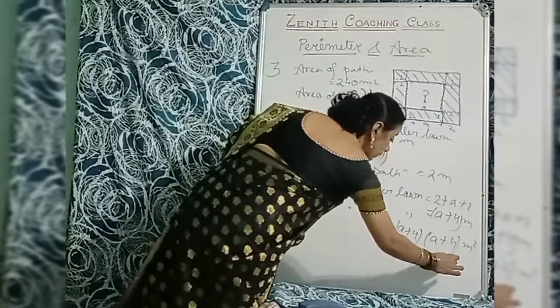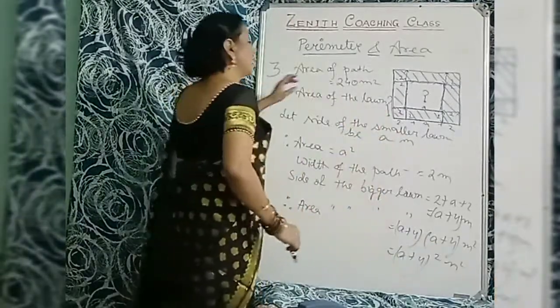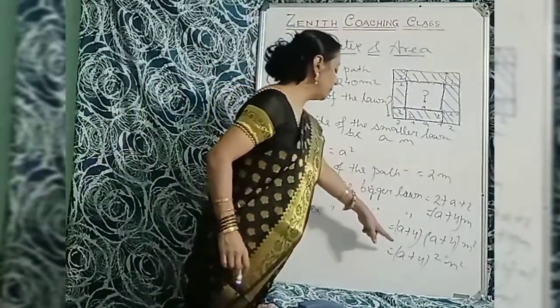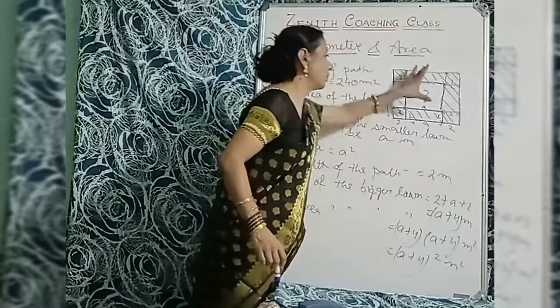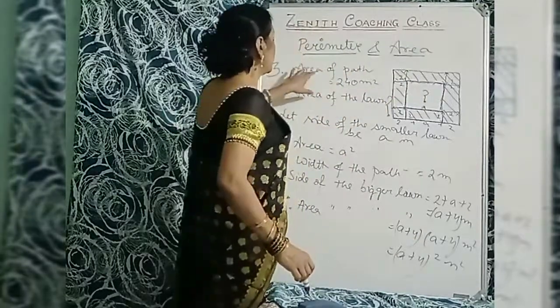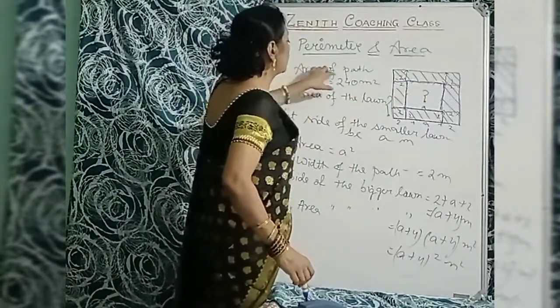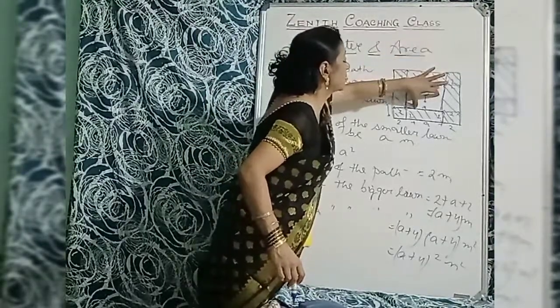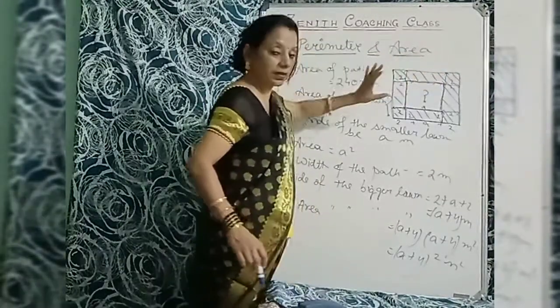So the area of the smaller lawn is a square and the area of the bigger lawn is a plus 4 whole square. But in the question it is told that the area of the path is 240. So area of the bigger lawn minus area of the smaller lawn is the area of the path.